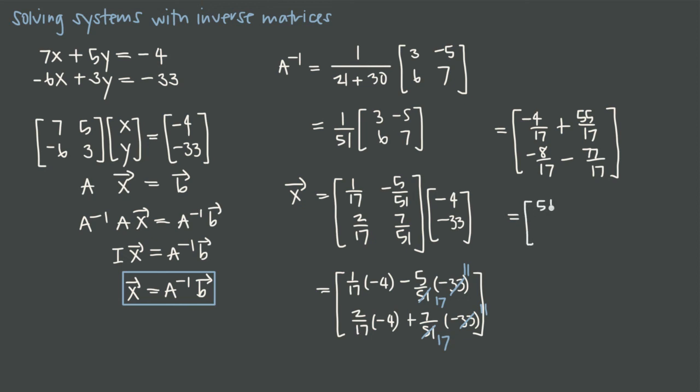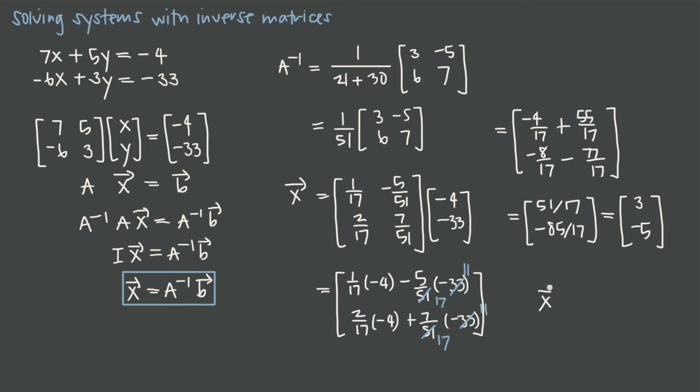So we get 51/17. And then -8 minus 77 is a -85. So -85/17. And 51/17 is 3. -85/17 is a -5. So the vector x is the vector 3, -5.